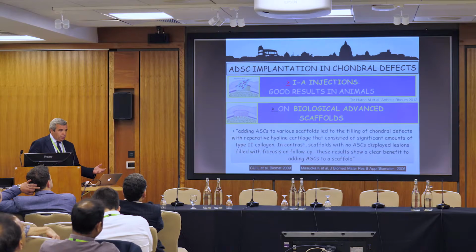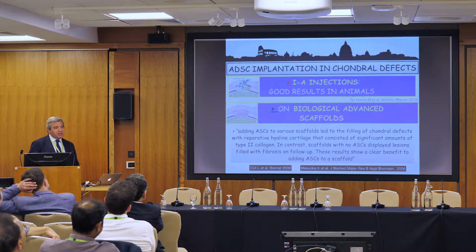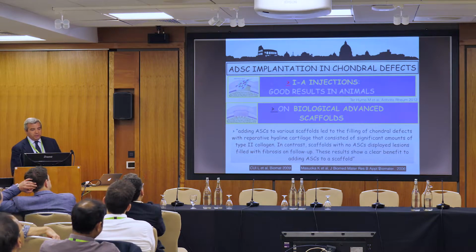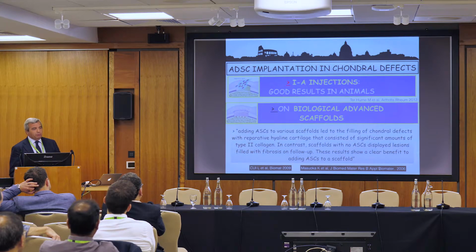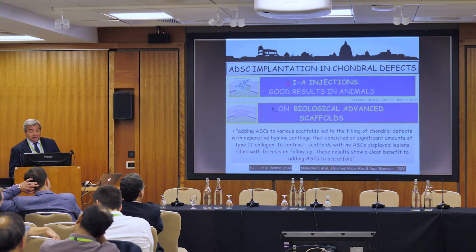And you know that if you go on the literature and see how the adipose stem cells have been used in orthopedics, you can use them, as I was saying, as injection, and from about 5 years there are published very good starting animal study results, but also on biological advanced scaffolds.